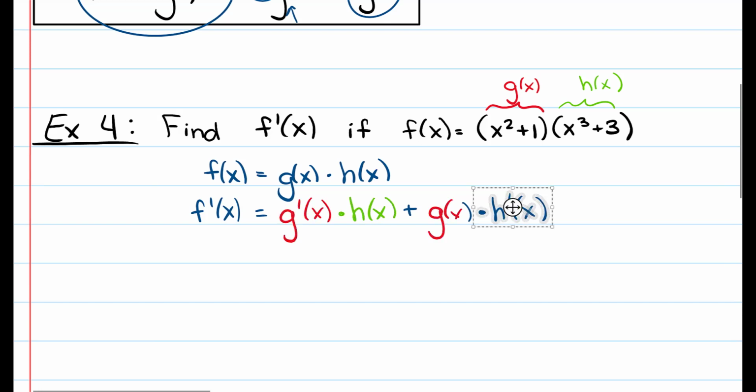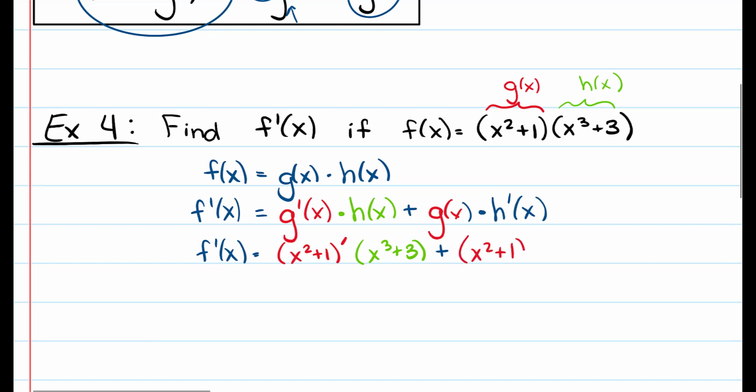And so we have that f prime of x is equal to, and g of x is x squared plus 1, so x squared plus 1 prime times x cubed plus 3, plus, and g of x is x squared plus 1 times the derivative of x cubed plus 3.